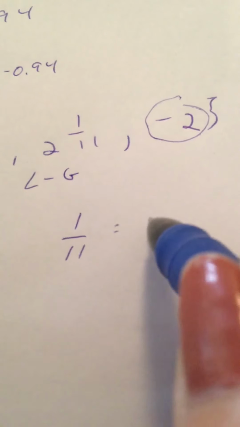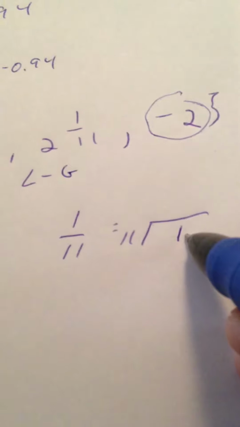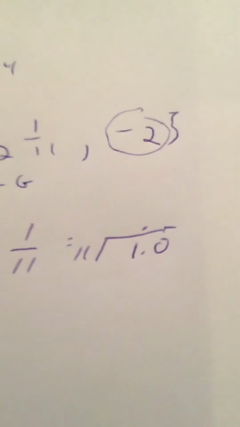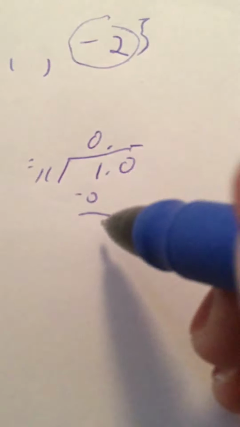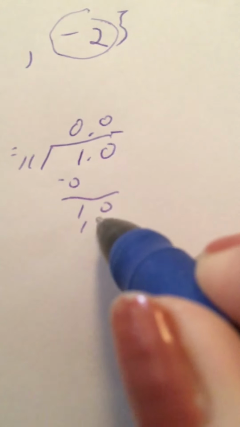Cowboy horse on the 1/11. Okay, 11 will go into 1 0 times. 11 will go into 10 0 times.